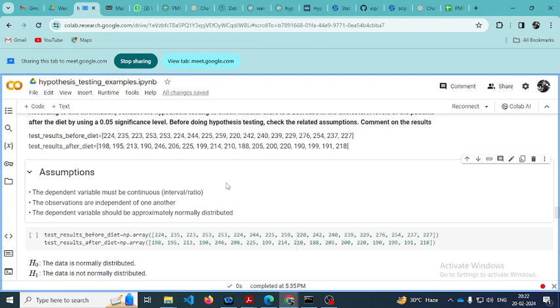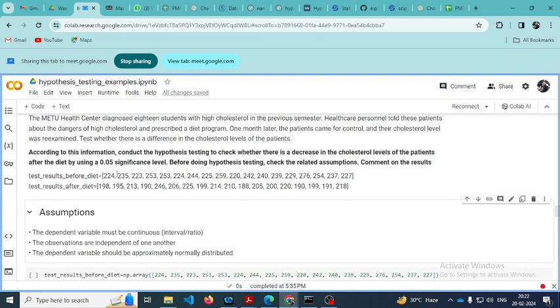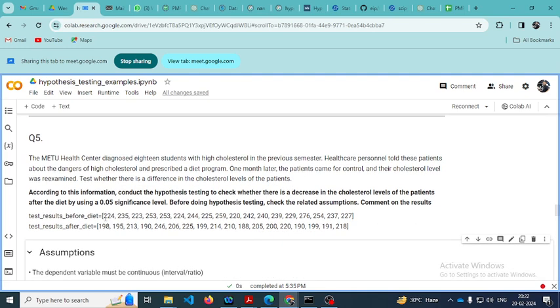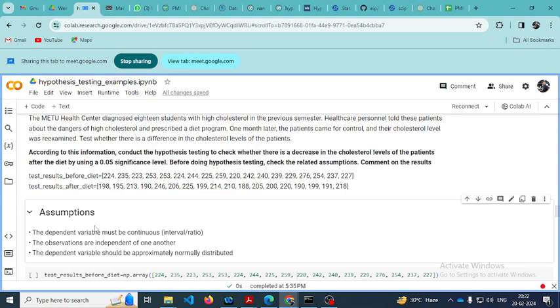So this is a kind of data which is continuous. It is having a kind of dependent variable, and it must be a continuous value. For example, the data is paired: only one student you are checking before diet and after diet. This is a kind of dependent variable. So this is one of the assumptions.